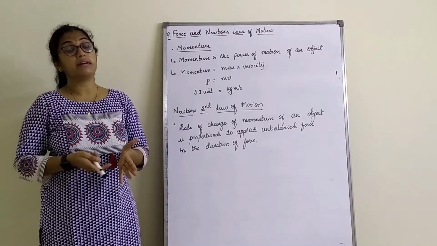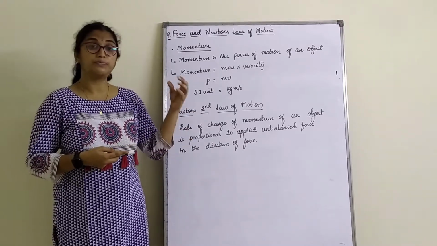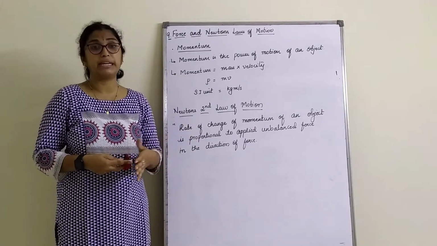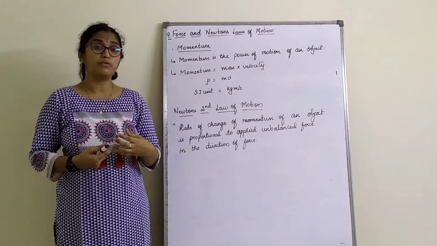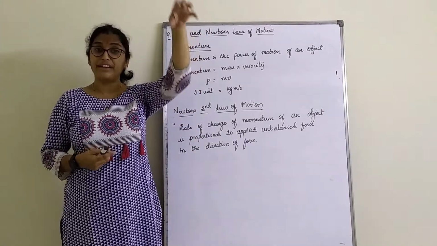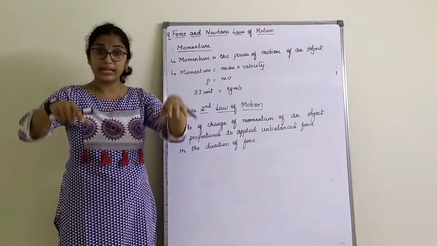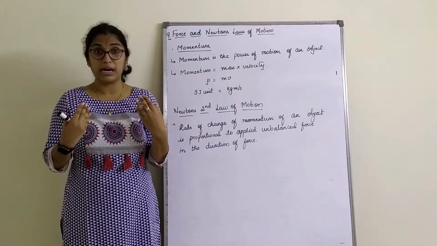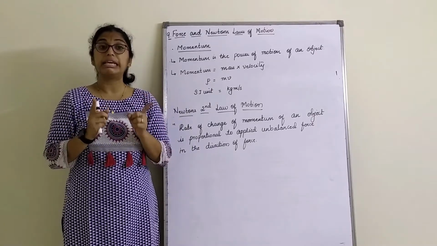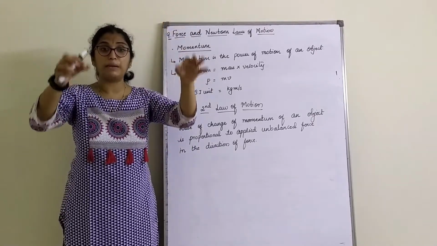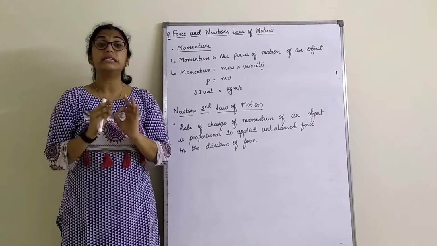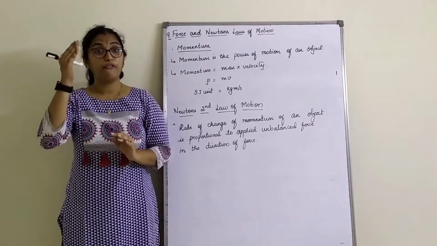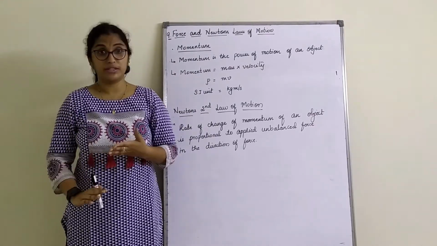Another example, which was again proved by Galileo: suppose I throw a feather and a ball together. Of course, the feather and ball have different mass, right? But we are dropping or throwing them with the same velocity. Which will reach the ground first?